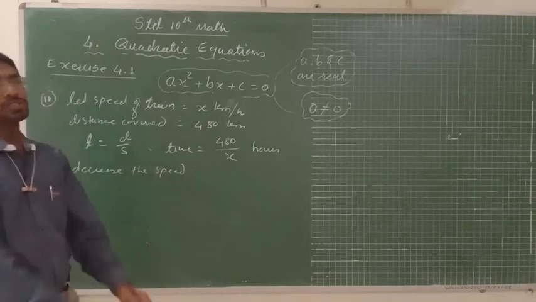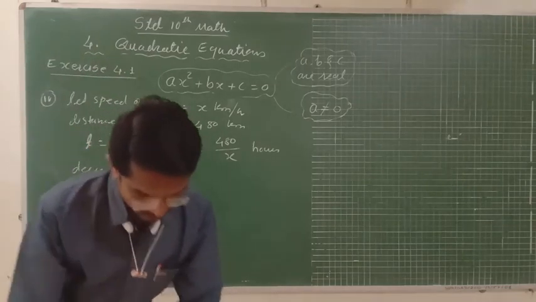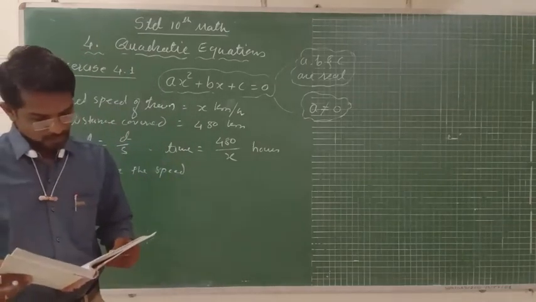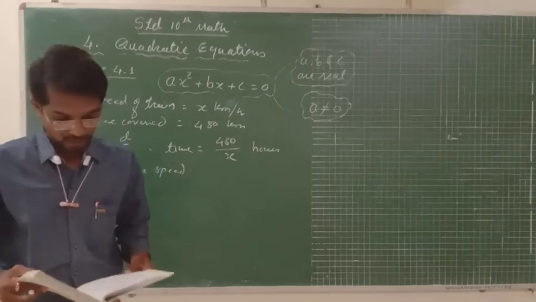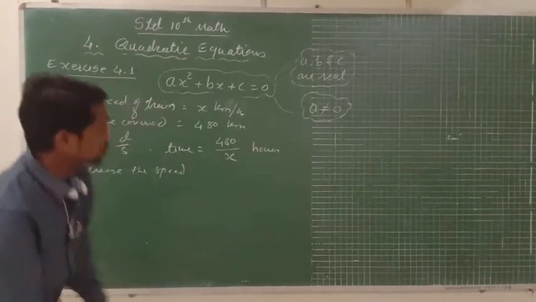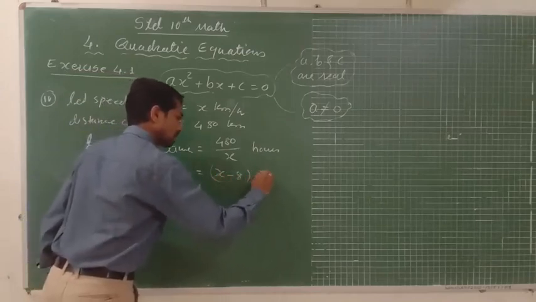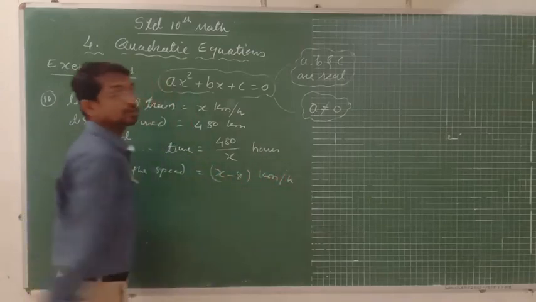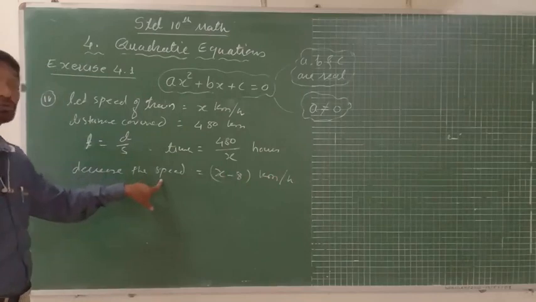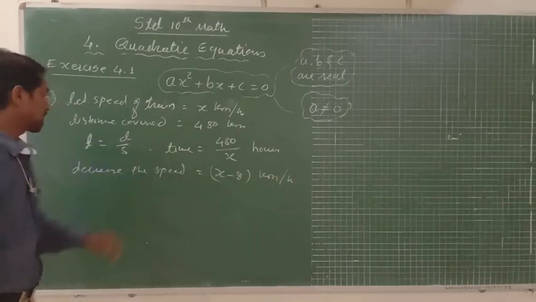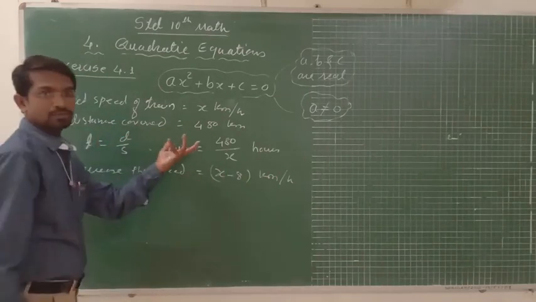How much decrease? It is 8 kilometer per hour. So the new speed is x minus 8 kilometer per hour. Now this is the new, decreased speed. The distance covered is the same, 480 kilometer.